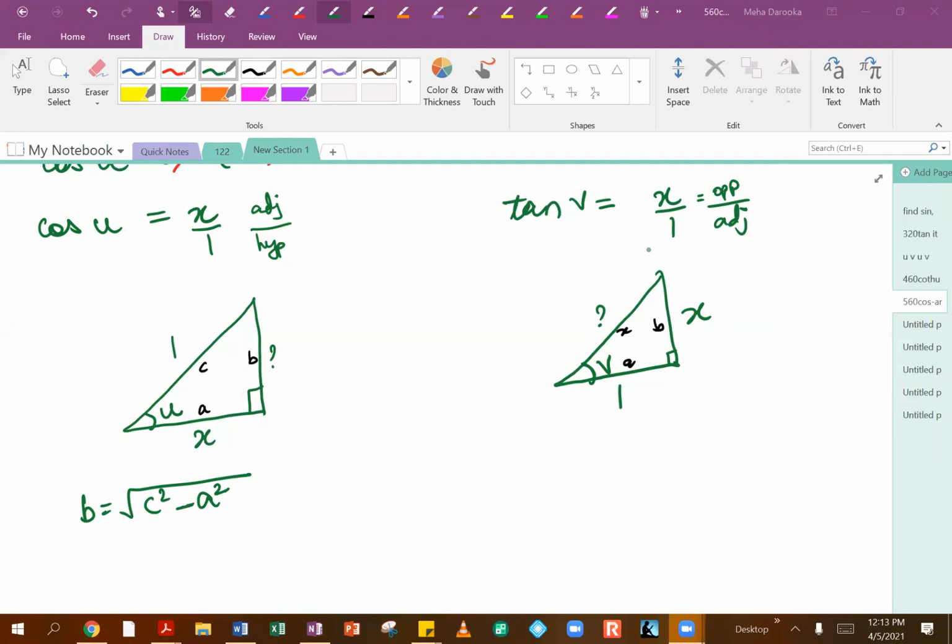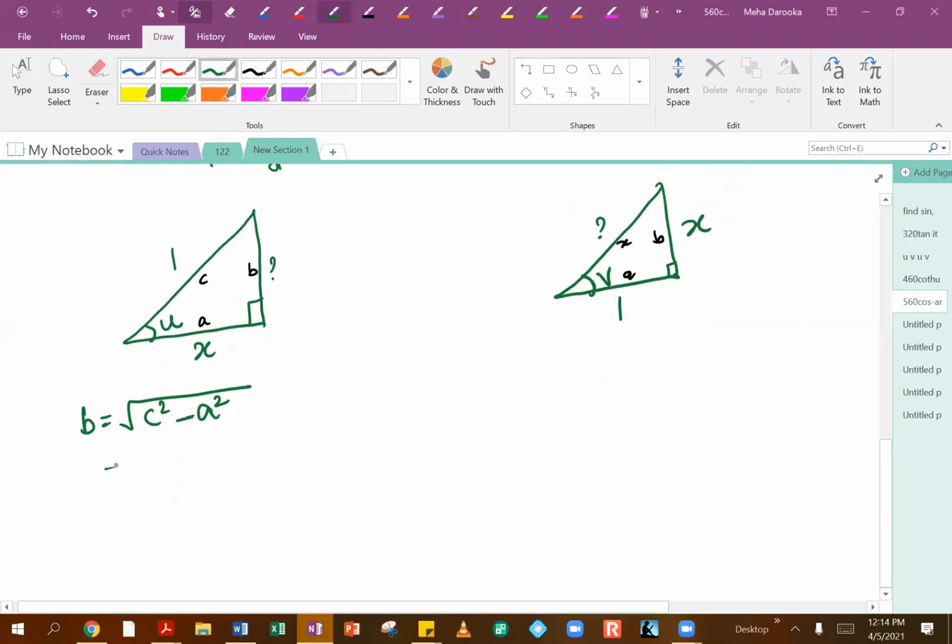Scotty, almost there. You're missing just one tiny bit on that answer. Because what's going to happen here is our C squared is of course going to be 1 squared minus A squared. Our A value is x, so that's going to be x squared. But this will actually still continue to stay inside the square root symbol because that square root will not cancel out. So you will actually have square root of 1 minus x squared.